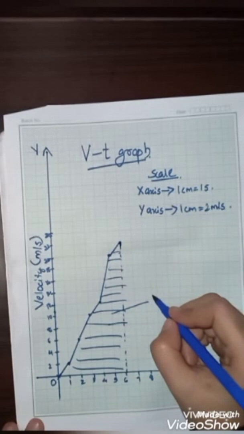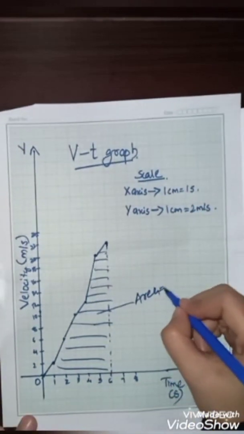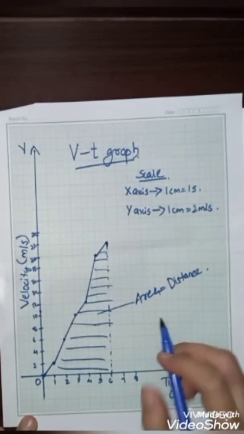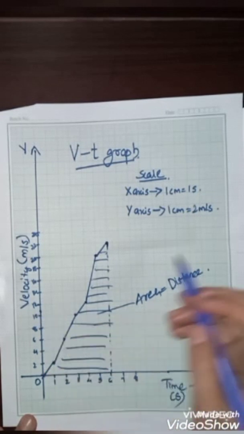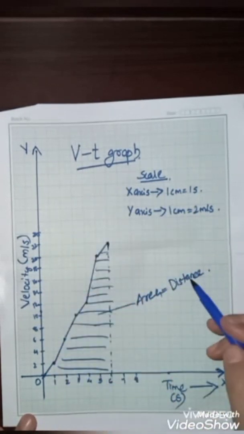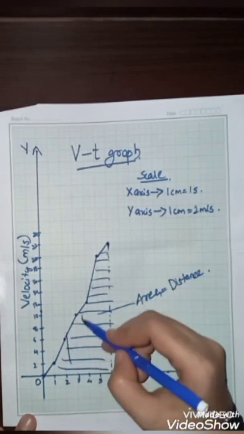This area gives the distance for this velocity time graph.